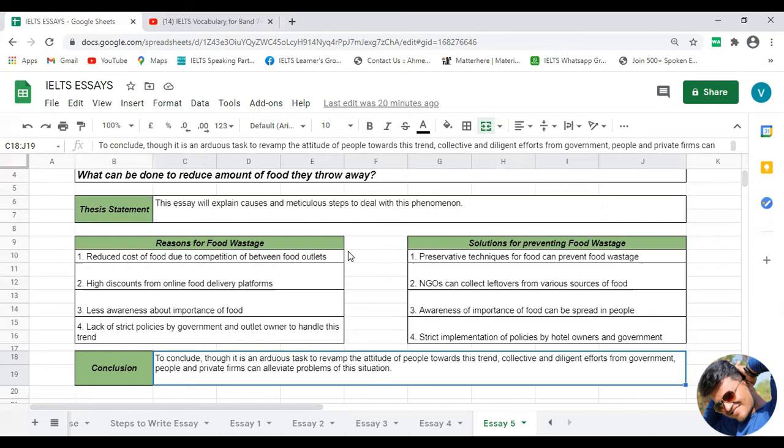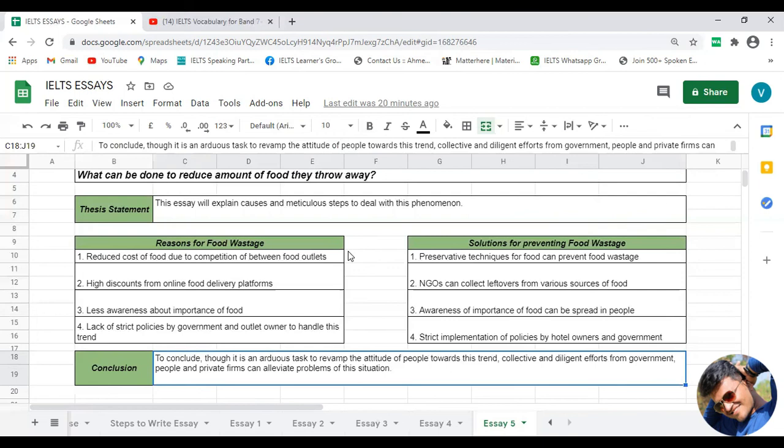So according to me, the answer of who for this particular problem would be the government, some private firms, it means some NGOs, and the people themselves. They can do something in a very simple way. What they can do, they can apply collective effort to reduce this problem, and that would be the simple idea of your thesis, of your conclusion, right?